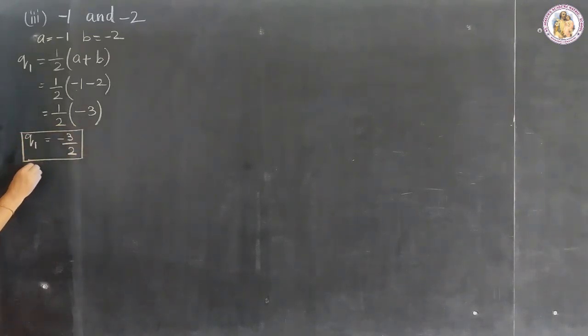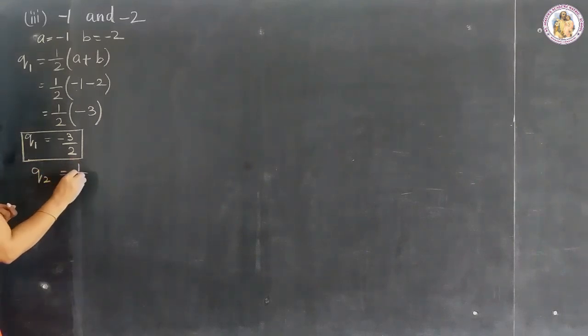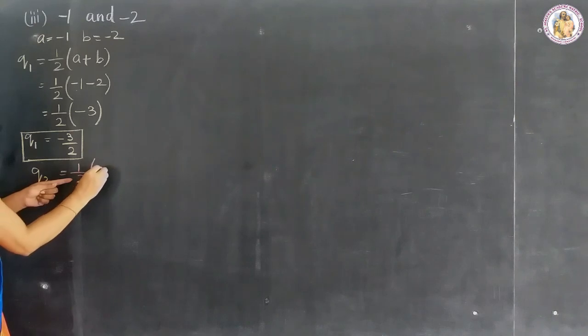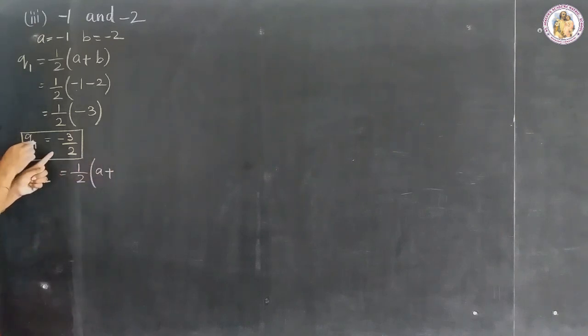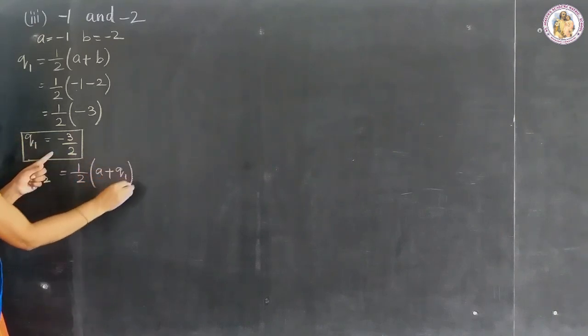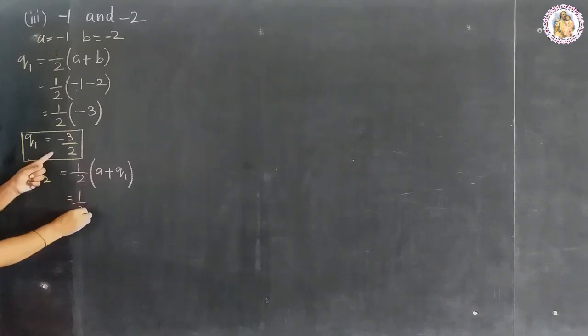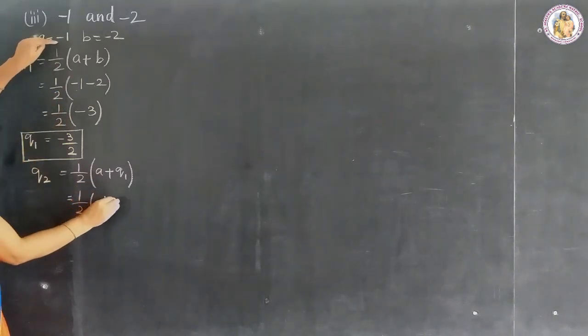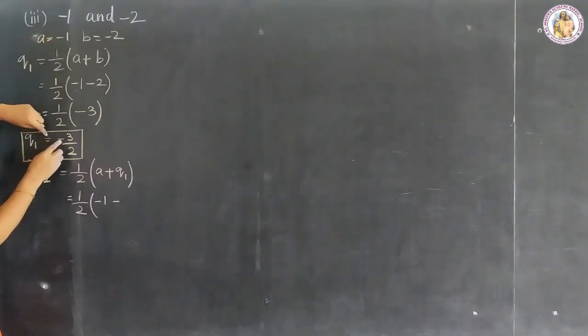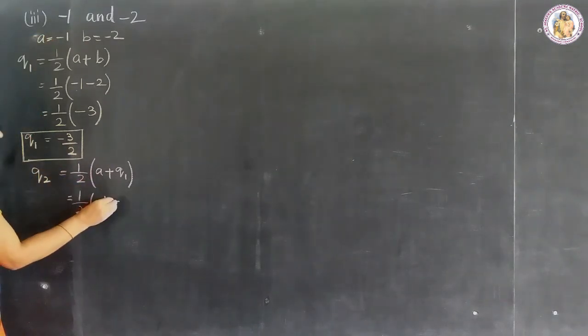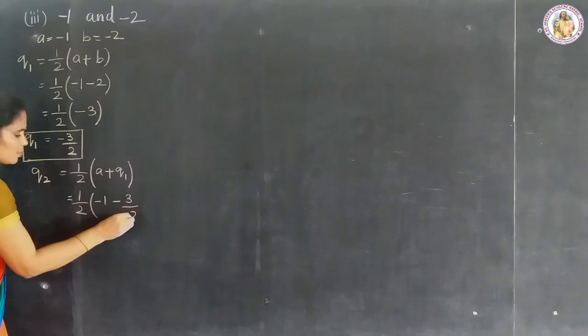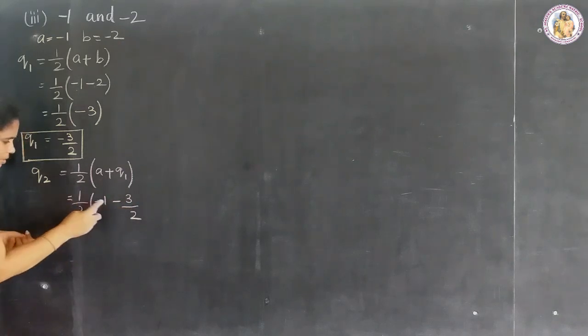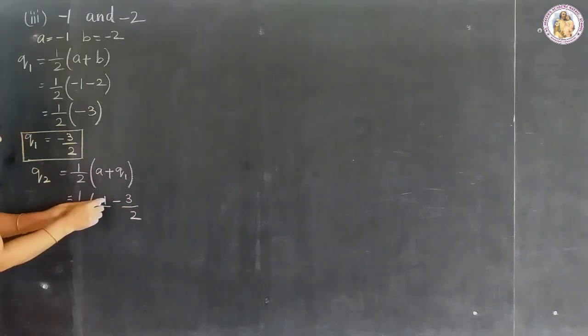Okay, next Q2. To find Q2, 1 by 2 of A plus Q1. Okay, 1 by 2, A is minus 1 and Q1 is minus 3 by 2. Here minus 1 is a whole number, that is an integer.